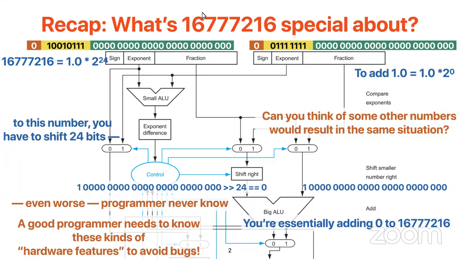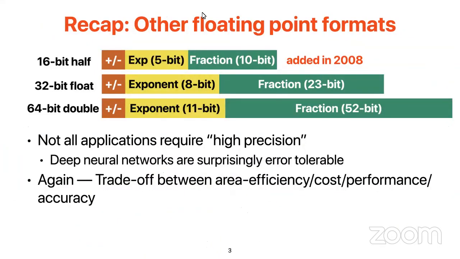In addition, as a software programmer, you should know that for representing numbers, there are many different data types you can pick. What are the strengths of each data type? What are the weaknesses of each data type? For example, there are 3 different formats that are standardized in the floating point format: 16-bit half, 32-bit float, and 64-bit double.